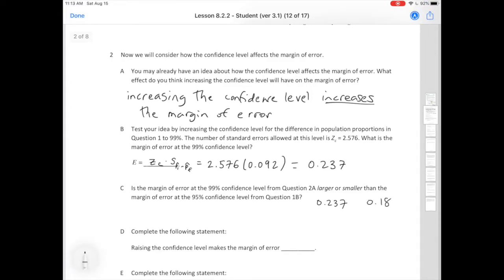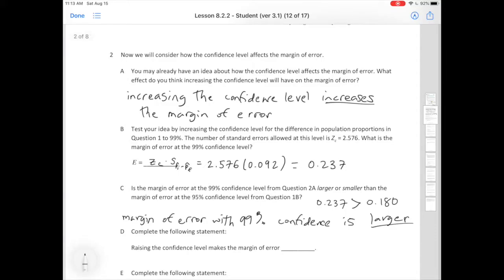So it is larger, right? As we predicted. So the margin of error with 99% confidence is larger.